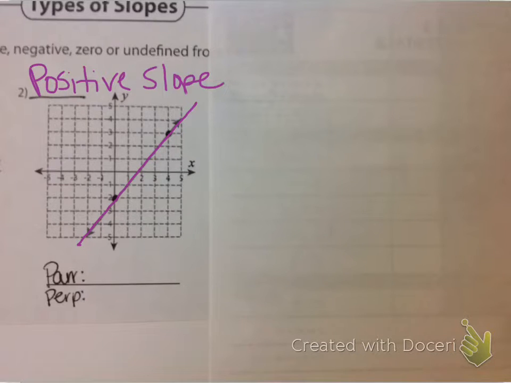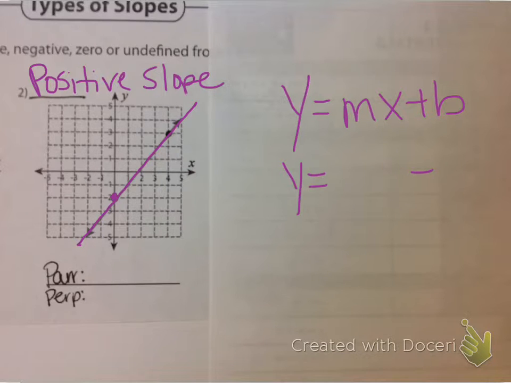Okay, so now we've identified our original line. We're going to say that that line is purple, and we need to write our equation first. We're going to use the form y equals mx plus b. We're going to see that right here, our y-intercept is negative 2. Our y-intercept is negative 2, and we're going to take a look at our slope. We're going to find slope by using rise over run.